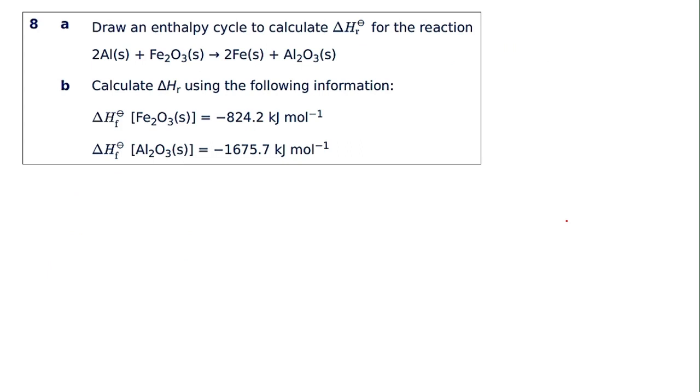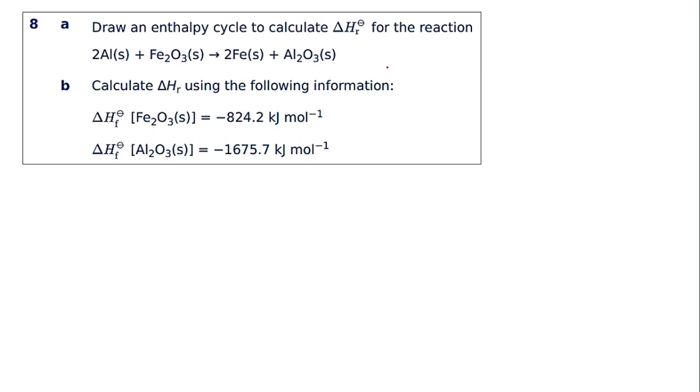Question number 8. Draw an enthalpy cycle to calculate delta HR for the reaction. And in the reaction, we have 2 moles of aluminium plus Fe2O3 giving us 2Fe plus Al2O3. So we have to make an enthalpy cycle for delta H reaction.